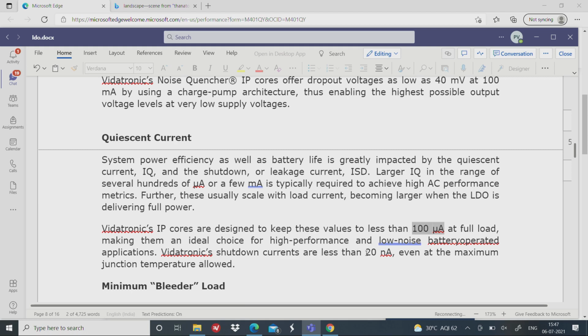Shutdown currents can be as low as 20 nanoamperes. So you can see quiescent current and shutdown currents are different. This is when the LDO is on and running, it takes only 100 microamperes to give you the required performance, input to output. Supposing you have set the output to 3.3 with a certain input voltage and some dropout, it will take only 100 microamps at full load.